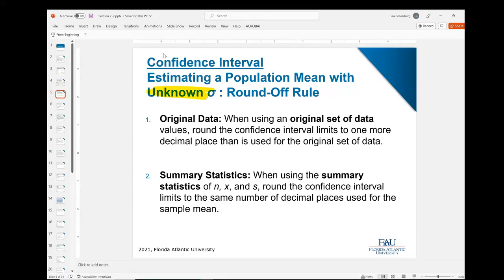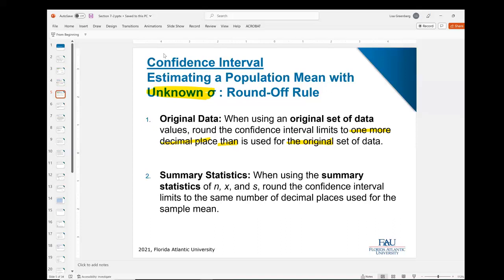And how we're going to round it. Of course, you're going to round it to what Pearson tells you to round it to. But in general, if we have original data and we're using data instead of data summary, then we round the confidence interval limit to one more decimal place than is used in the original set of data.